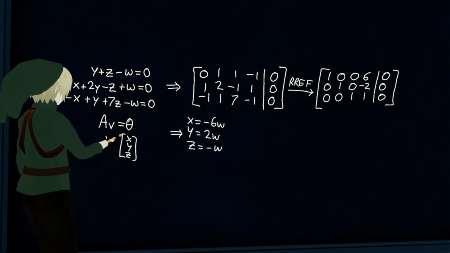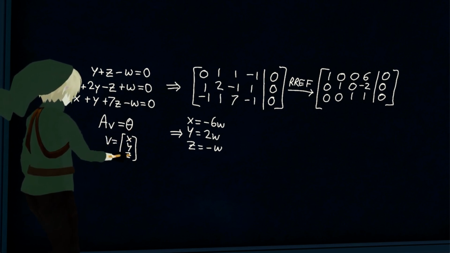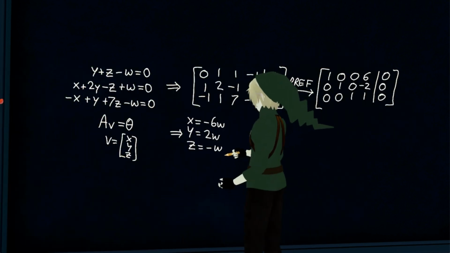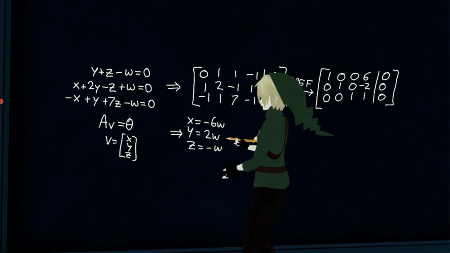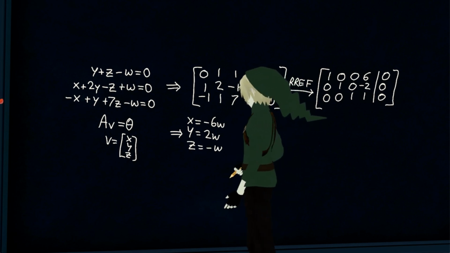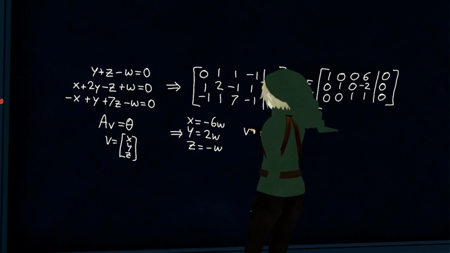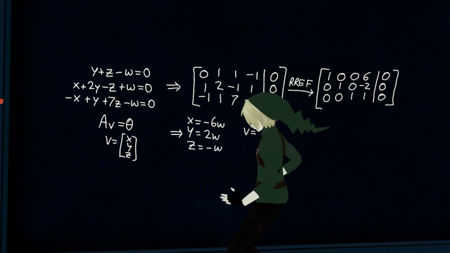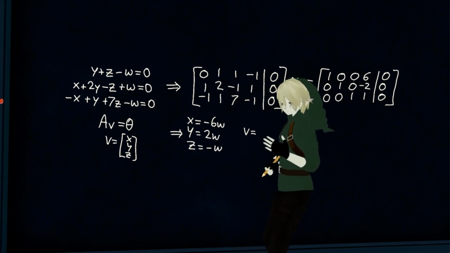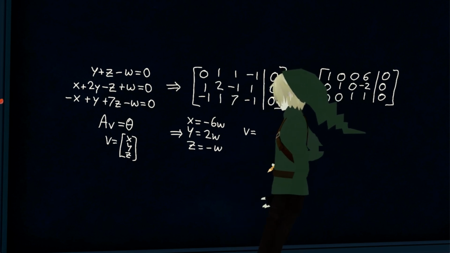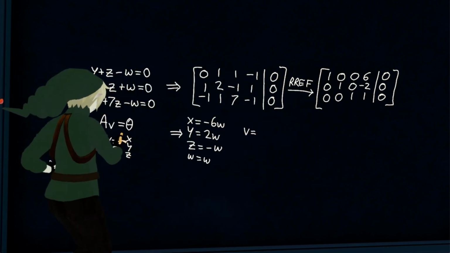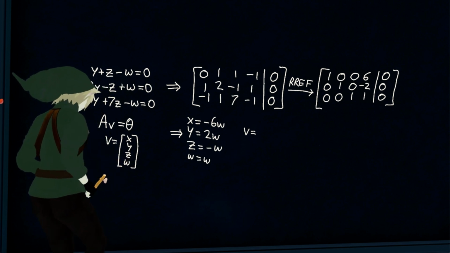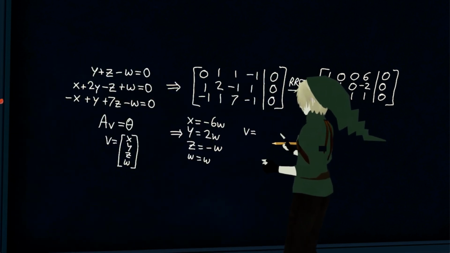Okay, our matrix equation, V is our solution. However, we have infinitely many solutions because we have a free variable. And so the way we write it is, okay, write your solution in vector form. So our V, oh, I'm so sorry. I forgot W. Almost forgot W.